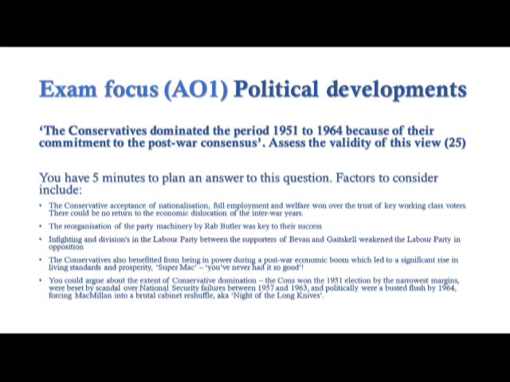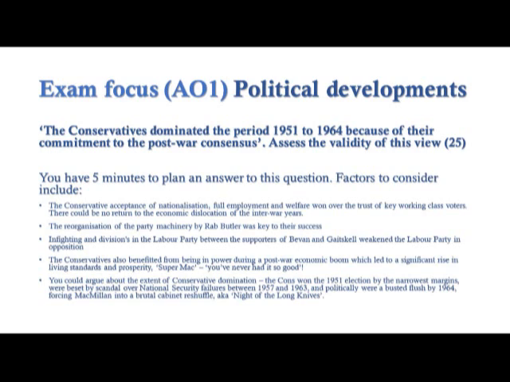I think a really good factor here, of course, is the infighting and division in the Labour Party in opposition. Aneurin Bevan, the architect of the welfare state and the National Health Service, was very much on the far left of the party, and then Hugh Gaitskell, who had been the Labour Chancellor, was very much on the moderate right of the party.